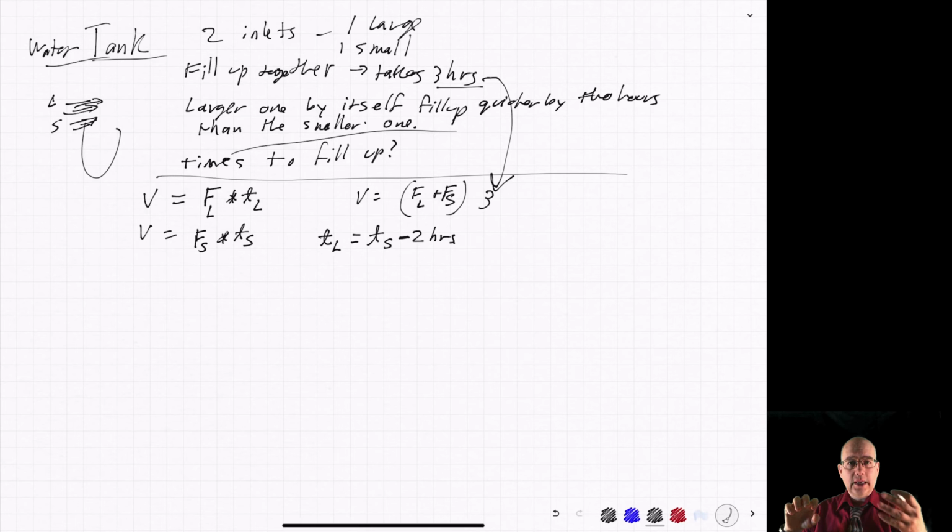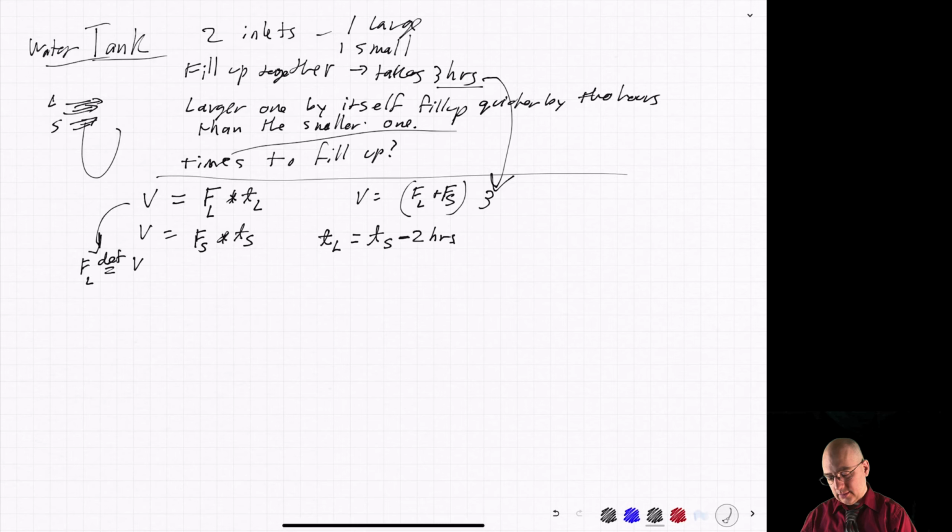There's a certain time to fill up the tank, and that's really defining the flow rate. So you would observe the tank being filled up over this time, and then you would divide the volume by that time, and that would give you your flow rate. That's the basic notion of the flow rate.